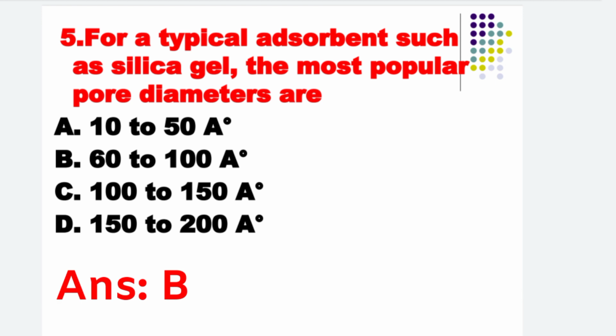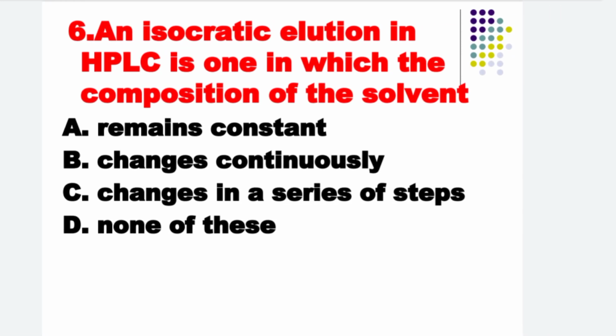The answer is option B. Next is an isocratic elution in HPLC is one in which the composition of the solvent option A, remains constant; option B, changes continuously; option C, changes in a series of steps; and option D, none of these. The answer is option A.